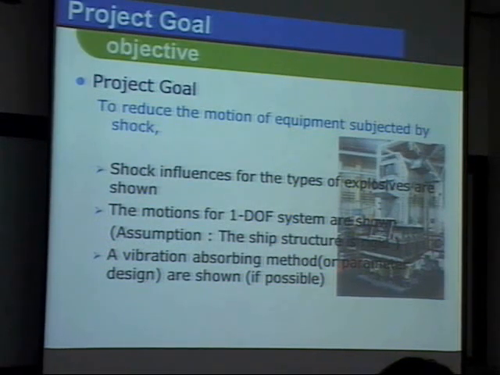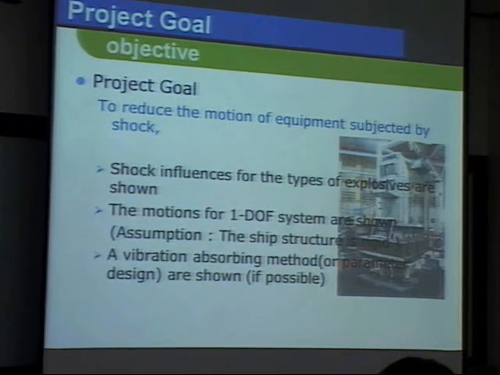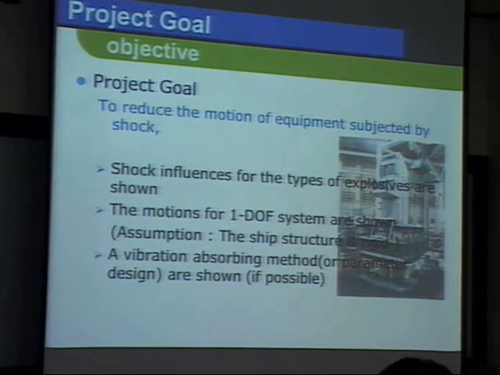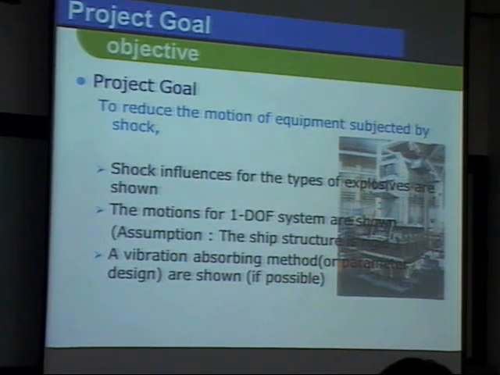We just want to show the motion of the equipment, and then if possible we will show a vibration observing method for pragmatic design, also for the vibration problem.